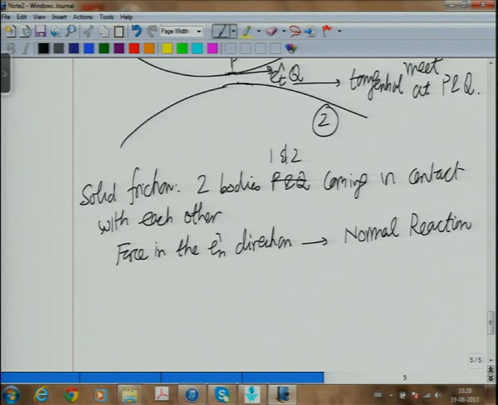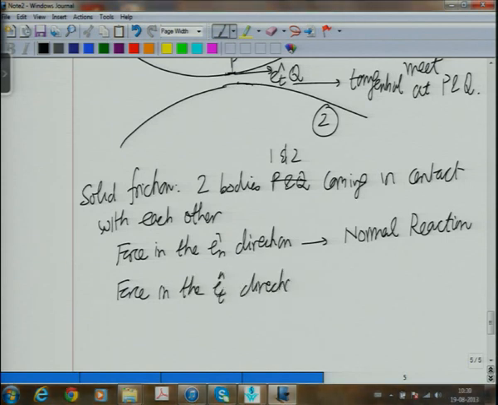If it is a total area of contact, then the integrated force over that whole area is what we term the normal reaction. So this is the force in the EN direction, and the force in the ET direction is what we term the force of friction.